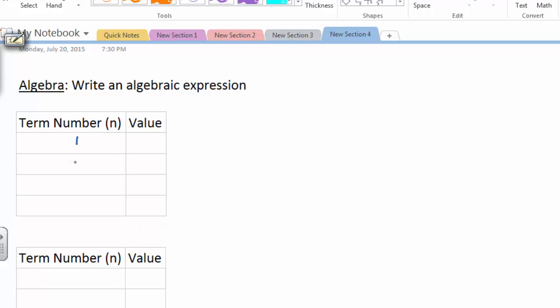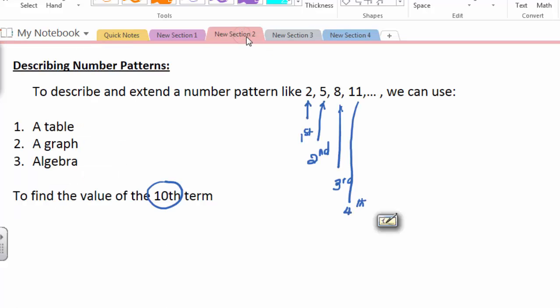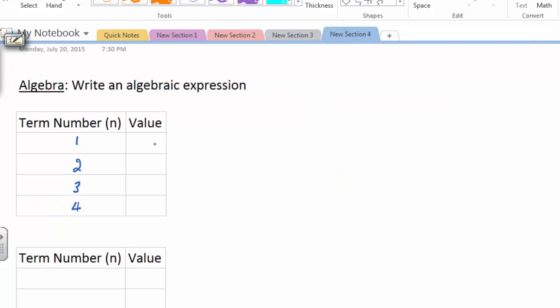So 1, 2, 3, 4. As you know, the term number is the position: the first one, the second one, the third one, the fourth one. The term value, as you know from here, we have 2, 5, 8, and 11.